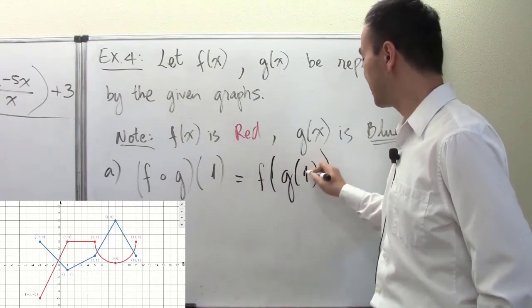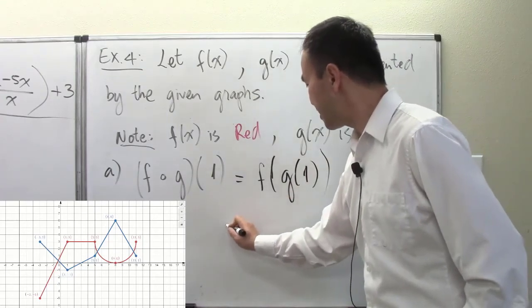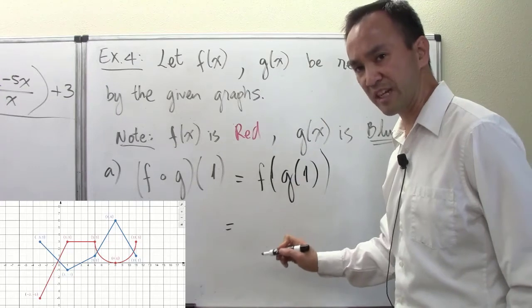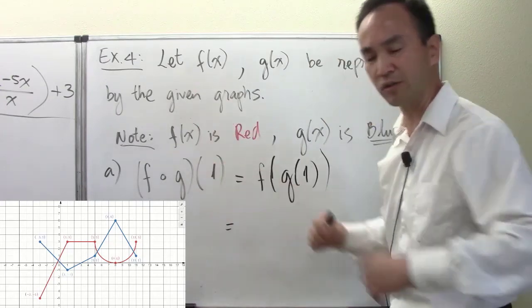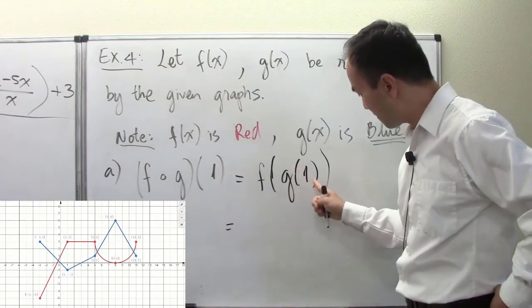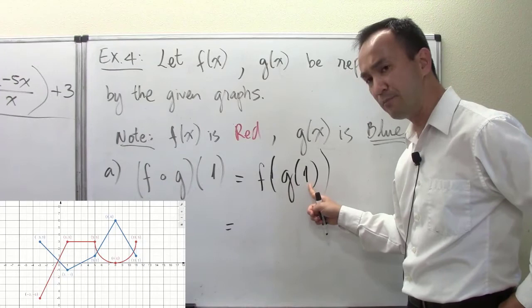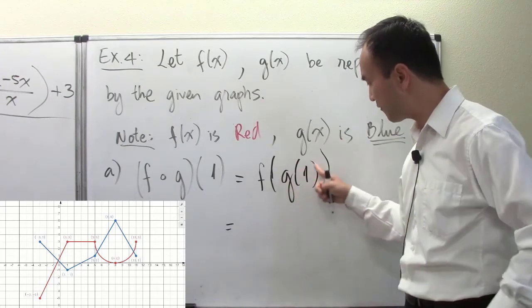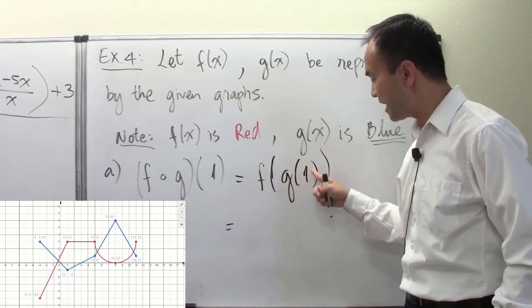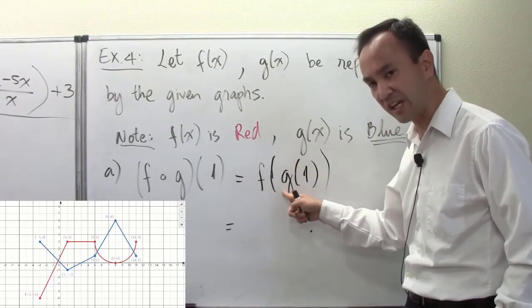In this case, it's just the exact same argument as we've had before. We have to work from the inside out. At the innermost level, the input is x equals 1, but first we have to find the output of g at 1.